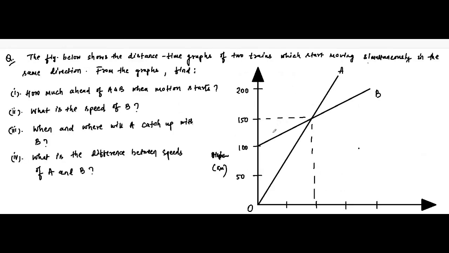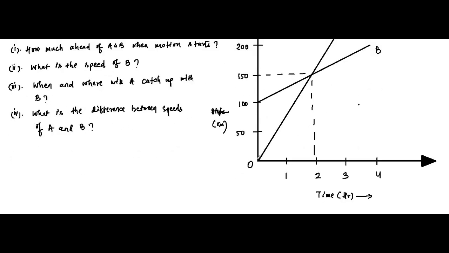from this graph at the beginning, at t equals 0 hours, the distance traveled by train A is 0, and the distance traveled by train B is 100.